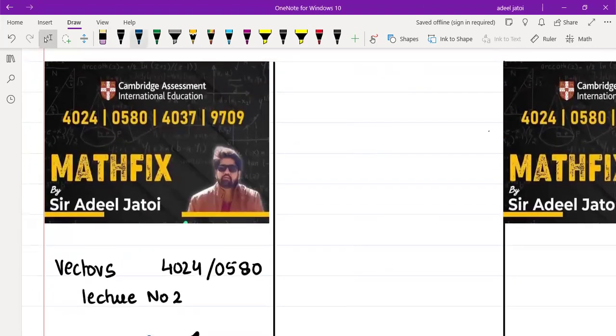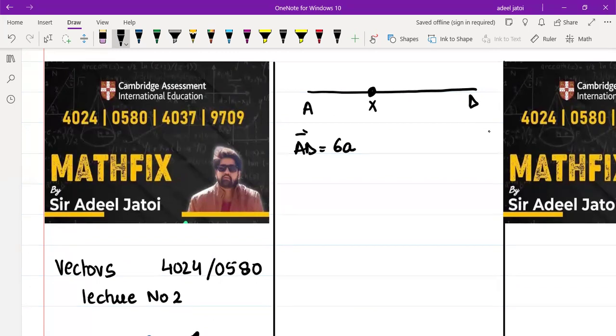Like for suppose, let's say a straight line is given. Let's say this is A, this is X, and this is D. A, X, and D. I've been given that AD is, let's say, 6A. And I've been told that AX to XD is 3 is to 1.